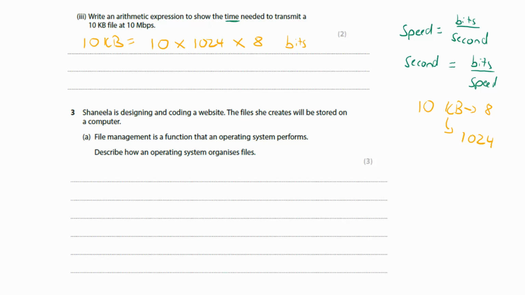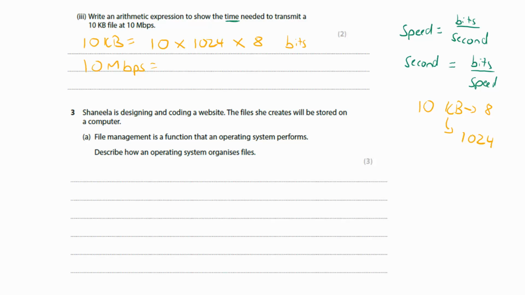Now for 10 megabits per second, mega is the next one up, so you have kilo, mega, giga. But when we're dealing with speed, for whatever reason, this is now in terms of 1,000, as used in normal physics, or base 10. I don't know why this is, it's a pain, it's confusing, but it's just one of those things in computer science which is a bit iffy.